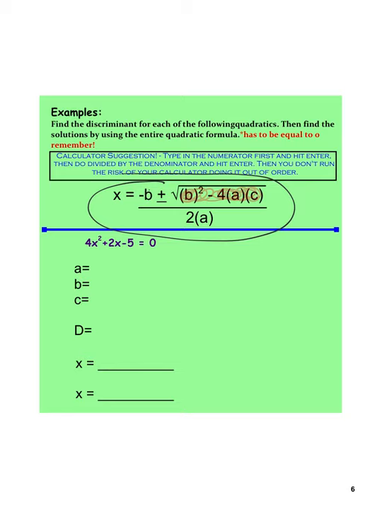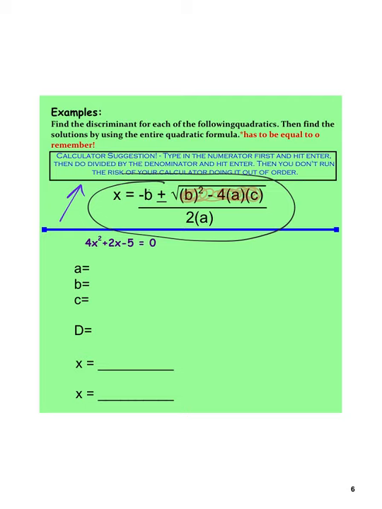Also what we're looking at here is this calculator suggestion, which is just a reminder that there's a lot of negatives in this formula. You've got a radical, you've got a fraction. So break this formula up, making sure that you aren't letting order of operations take advantage of you on the calculator. It's probably helpful to hit enter a few times and break up this formula, and we'll talk about that a little bit here.